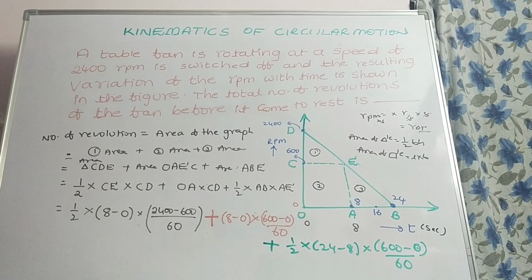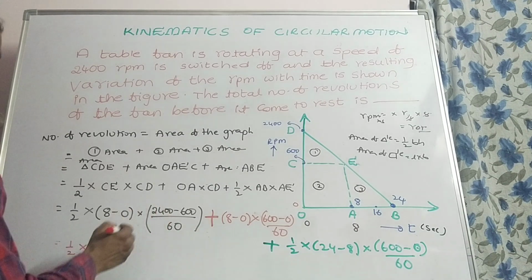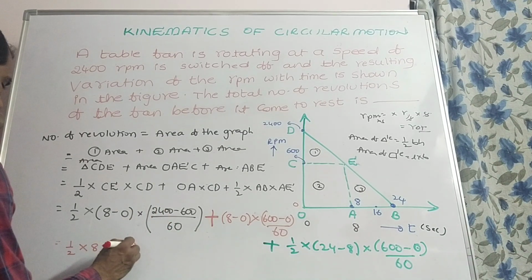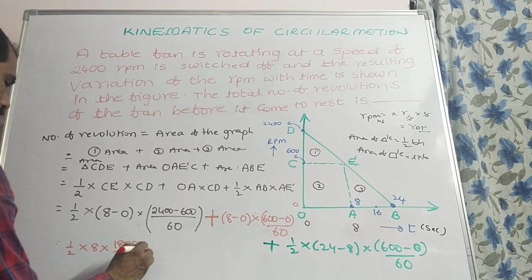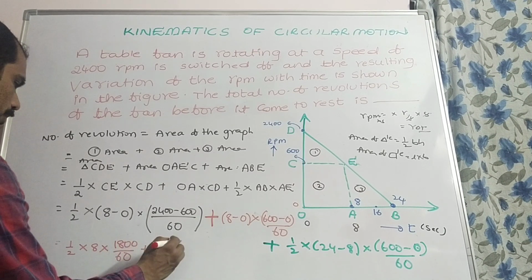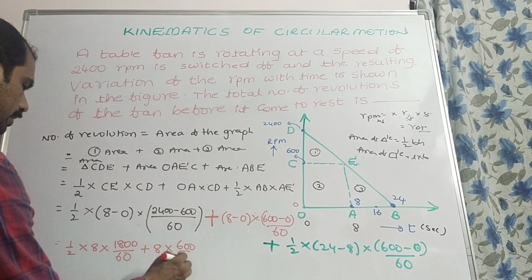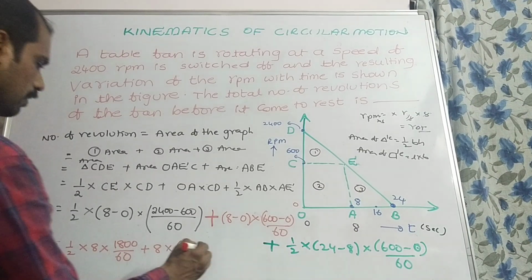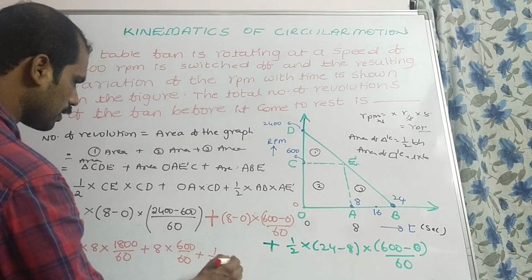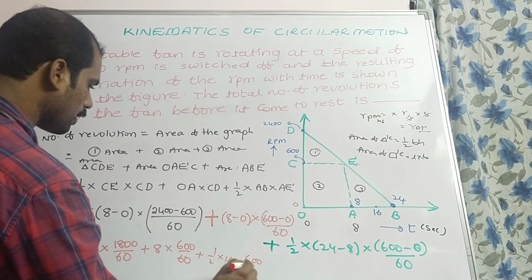The answer will be half into 8 into 2400 by 60, plus 8 into 600 by 60, plus half into 16 into 600 by 60.